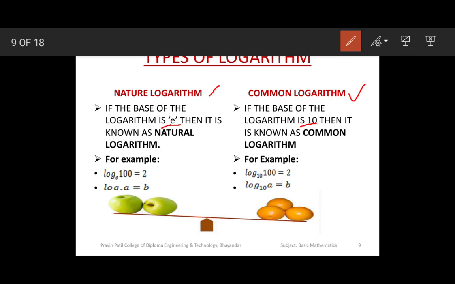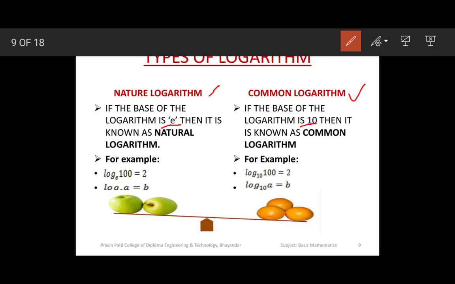So natural log and common log. How will you identify natural and common? Natural log is log to the base e and common log is log to the base 10. For example, log 100 to the base e equal to 2.